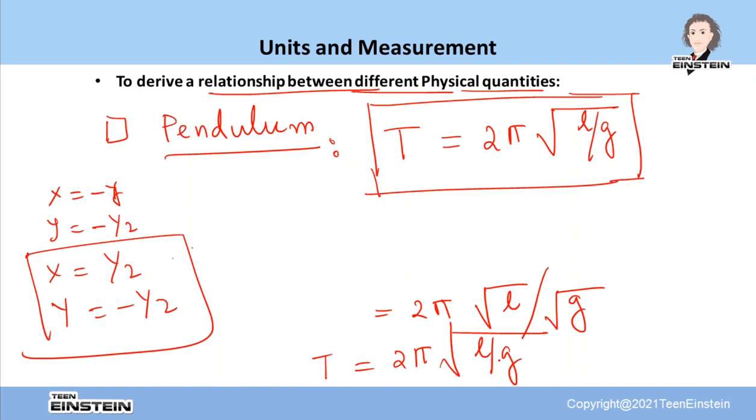This is the relation, root of L by g. This is how dimensional analysis helps you find the relationship between physical entities.